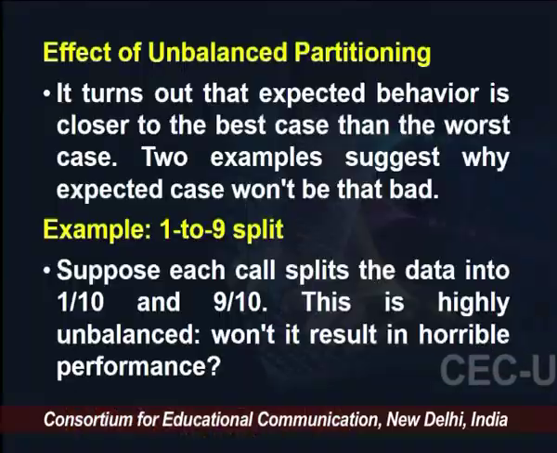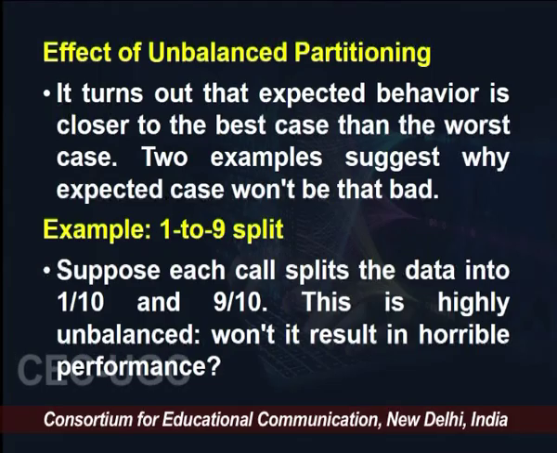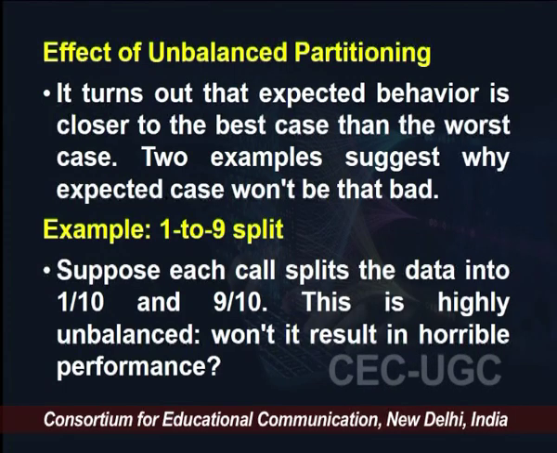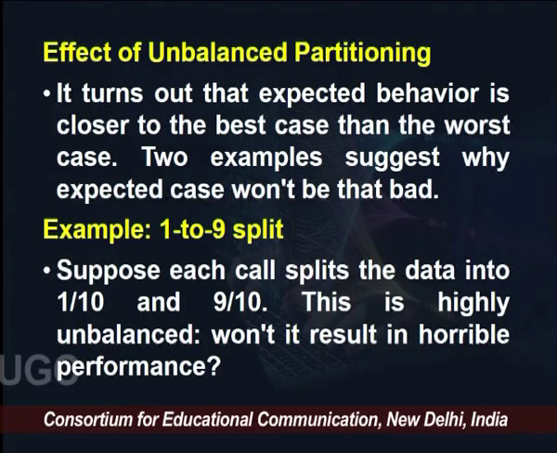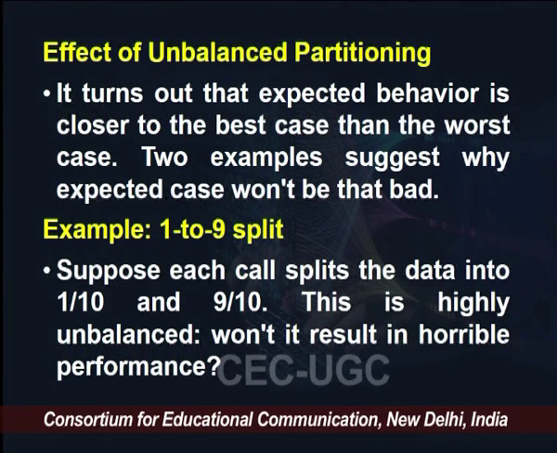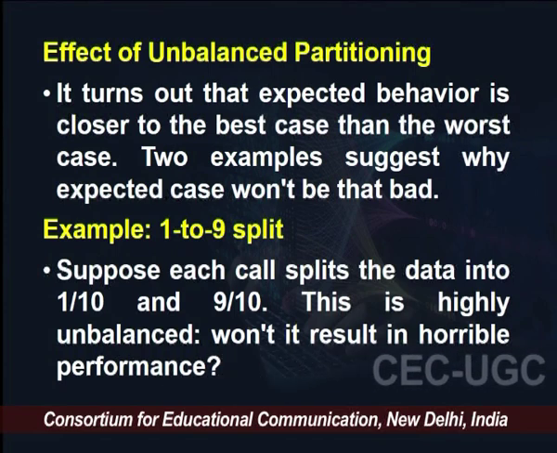Suppose each call splits the data into 1 by 10 and 9 by 10. So, 1 by 10 and 9 by 10, this is actually highly unbalanced. So, is it going to result in horrible performance? I would say no. Why?